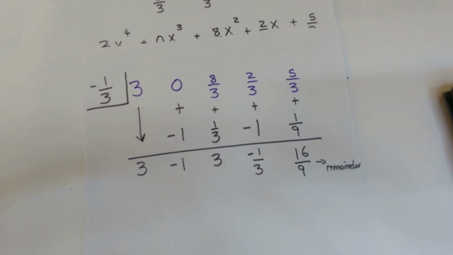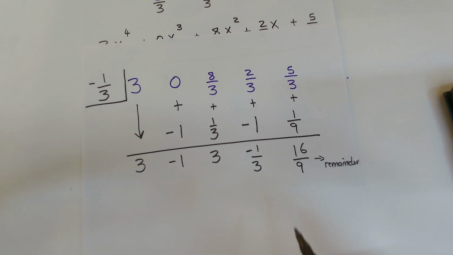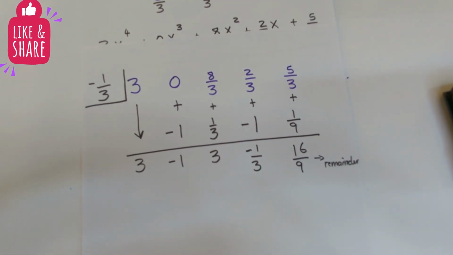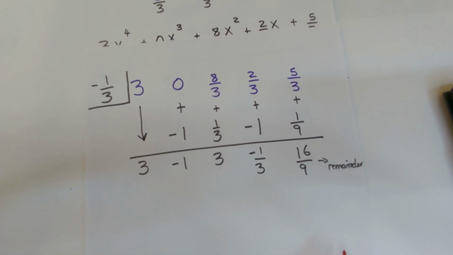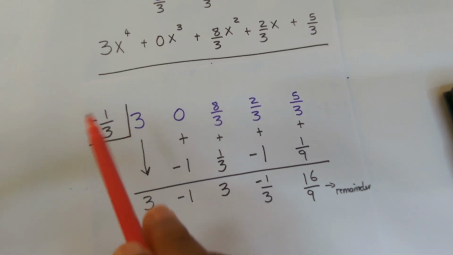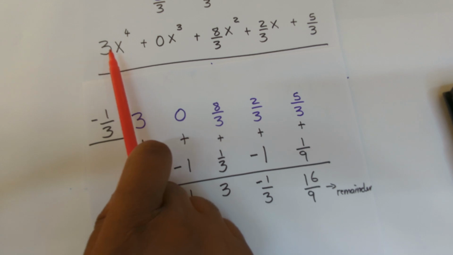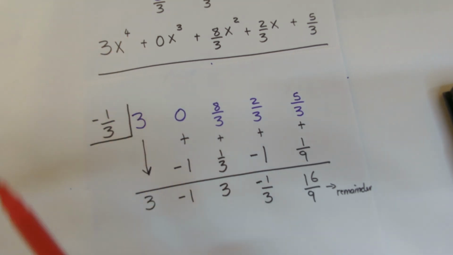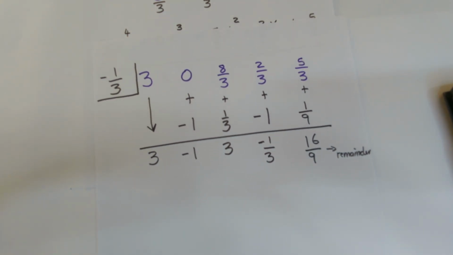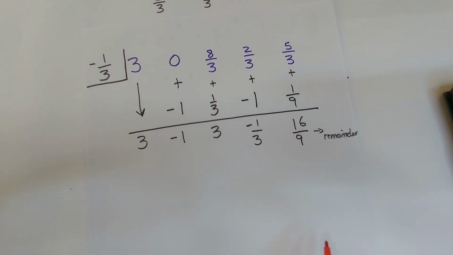Now, let's write our final answer and then simplify the remainder part. So now we are going to write our answer. Since our original question had a degree of 4, it implies that our answer is to have a degree of 3.